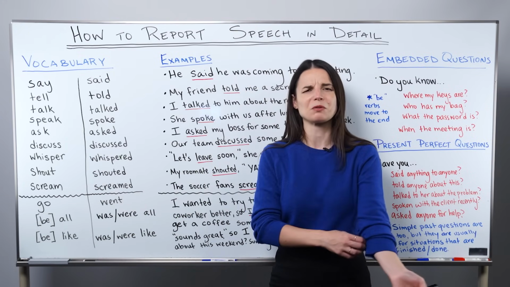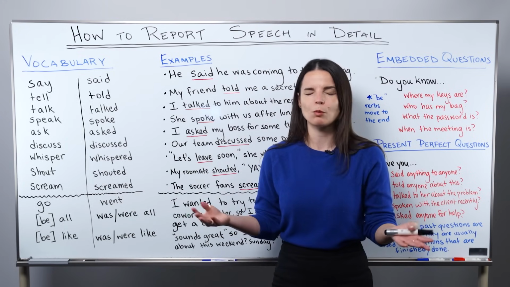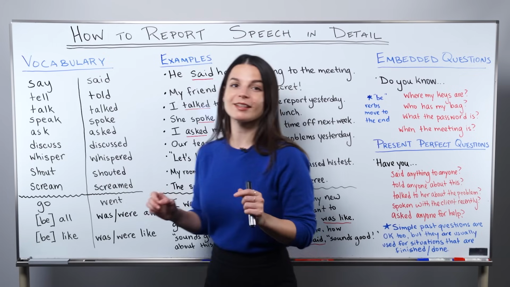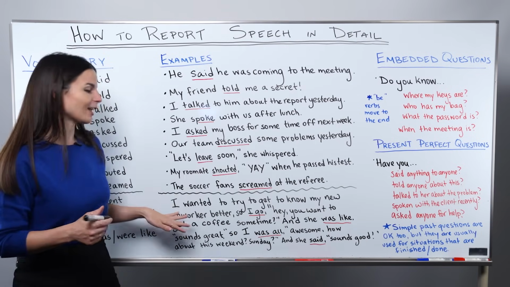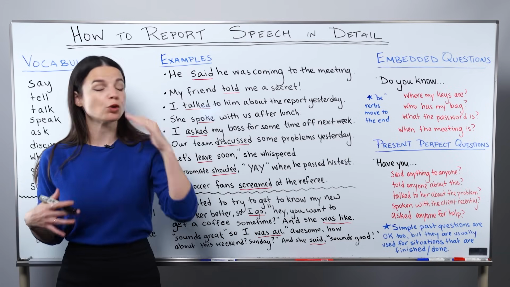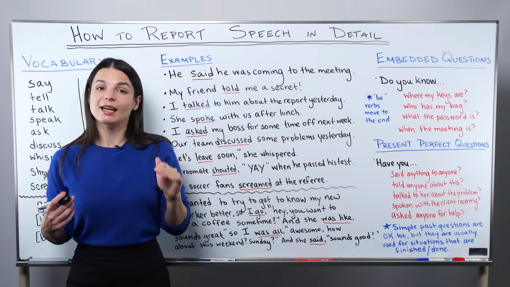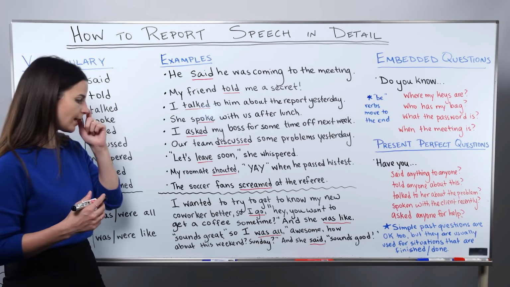So this may seem really strange, and you might think, how would I ever use this? This doesn't make any sense. So I created a short example paragraph. Let's take a look at this, and we'll see how these are used to express speech casually. This is very quickly done in everyday native conversation. So let's take a look.